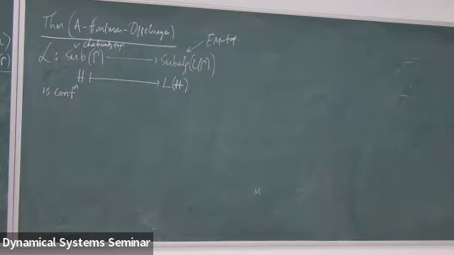Are you sure you don't need any assumption on gamma? No, gamma is countable. The von Neumann algebras of subgroups are a closed subset. I'm not saying that this is onto, I'm just saying it is continuous.